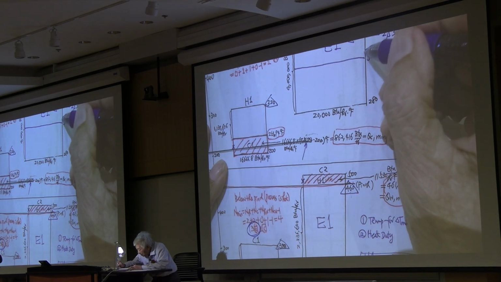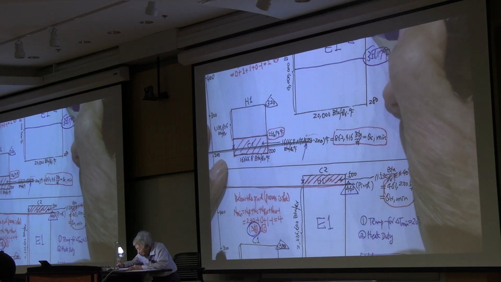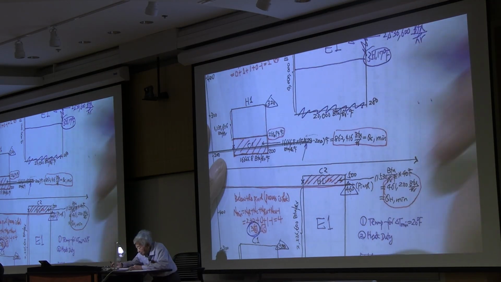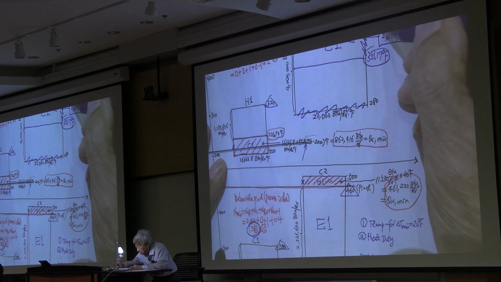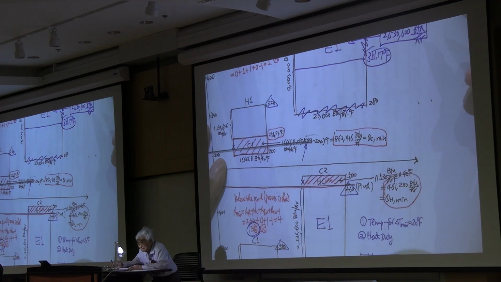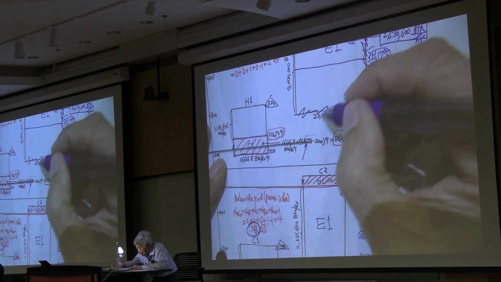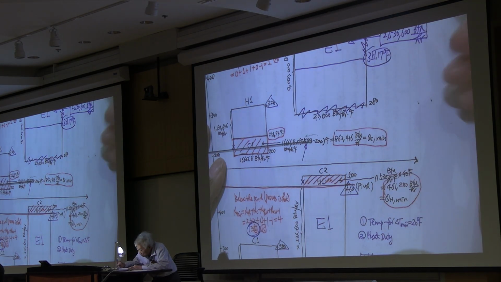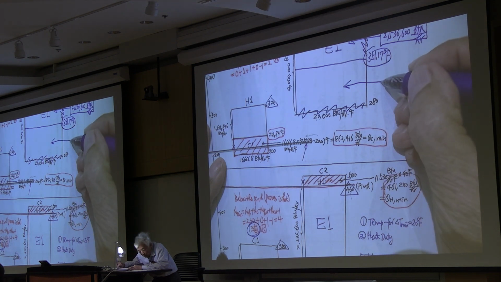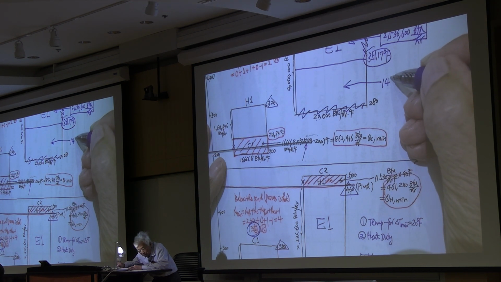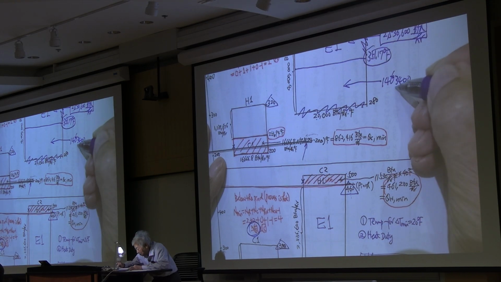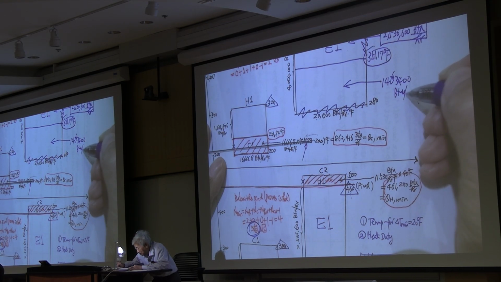How do you determine that? Temperature drop times capacity flow rate equal heat duty. Right? Temperature drop times capacity flow rate equal heat duty. E1. So, what's remaining here? 1463400 BTU per hour.